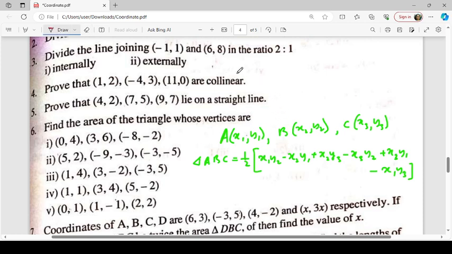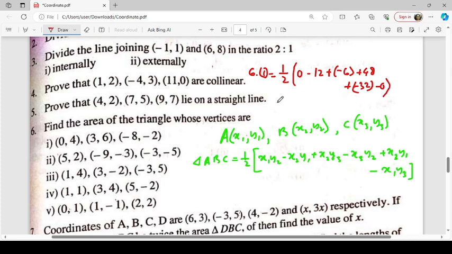So the first one, the area of ABC, with vertices (0, 4), (6, 1)... It is half of x1 y2, so 0 into 6, it is 0, minus 12, plus 3 into -2, minus 6, minus 6 into -8, plus 48, then plus -8 into 4, it is minus 32, then x3 y1, and minus 2 into 0, it is 0.